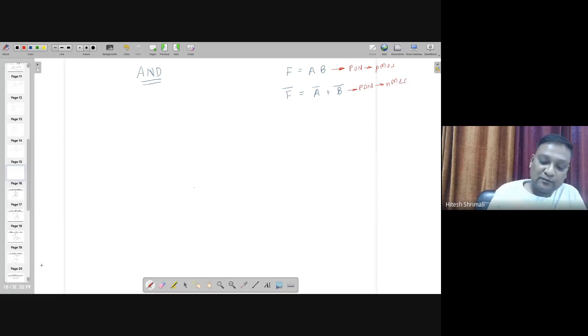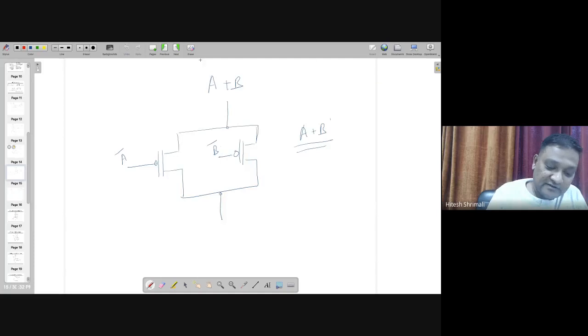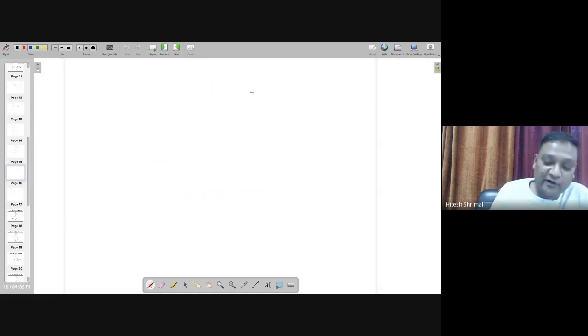Or maybe before starting this, we can make the inverter also with the same concept. What is happening? F equal to A bar and F bar equal to A. So F is going to be implemented using the power up network with PMOS, and F bar is going to work with the power down network, and this is with NMOS. If you are implementing this, upside is with PMOS.